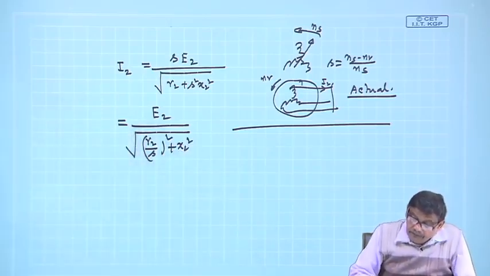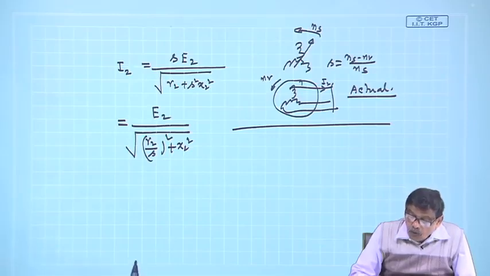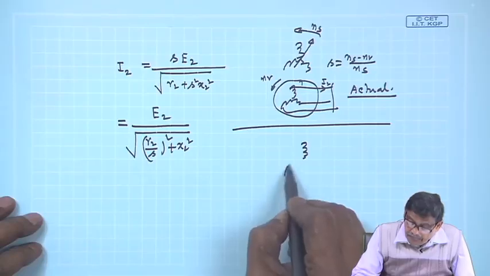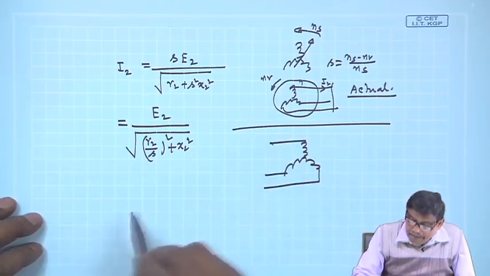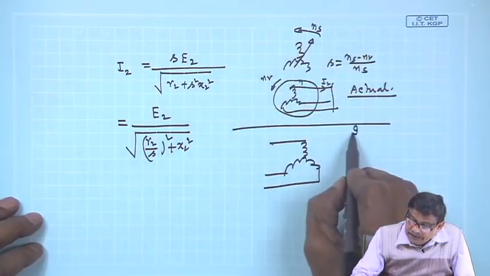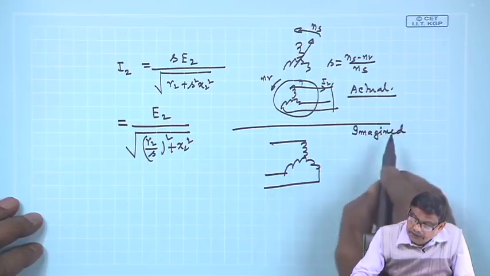This I wrote. Achha, now imagine an induction motor which is stationary, with the same stator winding, it is an imagined motor. Okay. This is a very interesting point, an imagined motor.